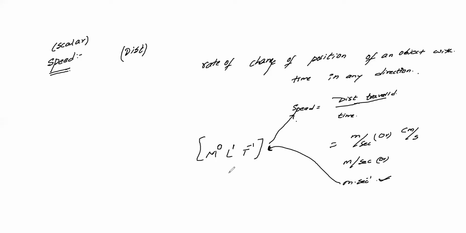Let's see one more. Next, we'll discuss the types of speed. There are almost 4 types. First one, uniform speed. Second one, variable speed.